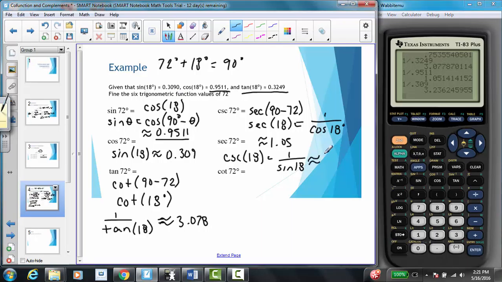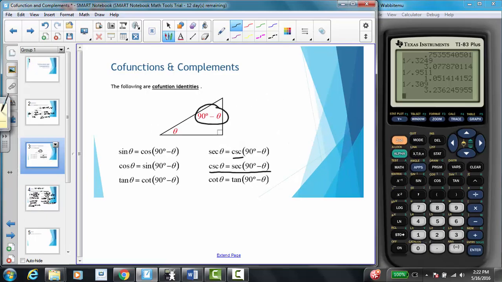So that's approximately 3.24. And last, the cotangent is the tangent of 90 minus that angle. So we're looking for the tangent of 18 degrees, which is given above, and it's approximately 0.3249. So you can see how you can use these cofunction identities in order to be able to find things that you don't know based off of things that you may have been given.